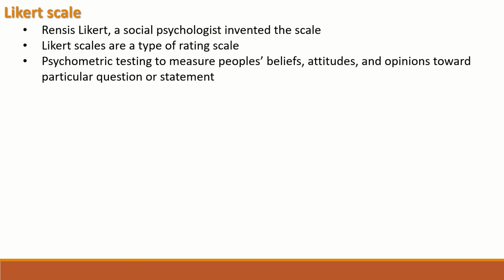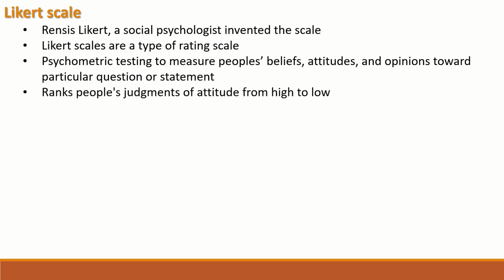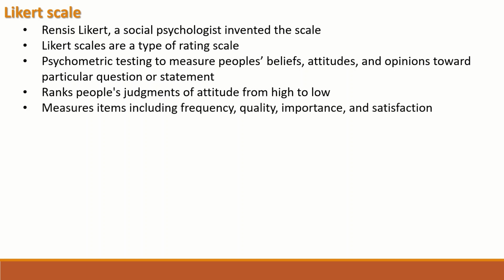So the Likert scale is the scale for it. It ranks people's judgment of attitude from high to low. It gives an individual a choice of selection from a high to low scale. So it's a scale, and that's why it's called a scale.